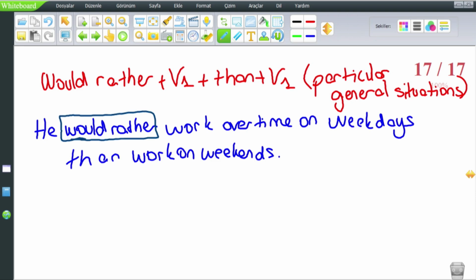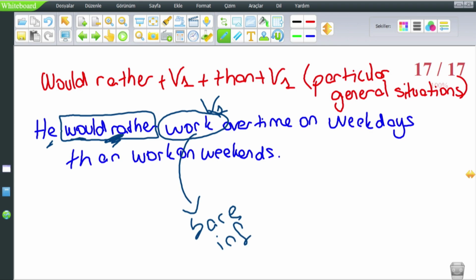I put would rather after the subject. It doesn't change, it doesn't form according to the subject. It's always the same, would rather. And after that, I used bare infinitive, verb 1. And what I'm actually choosing between is an object, not an action, because in both choices we have the verb work.